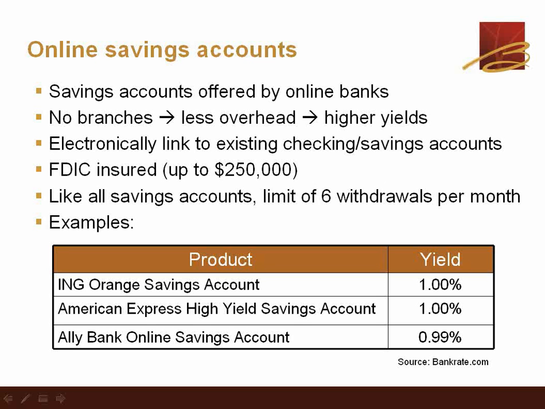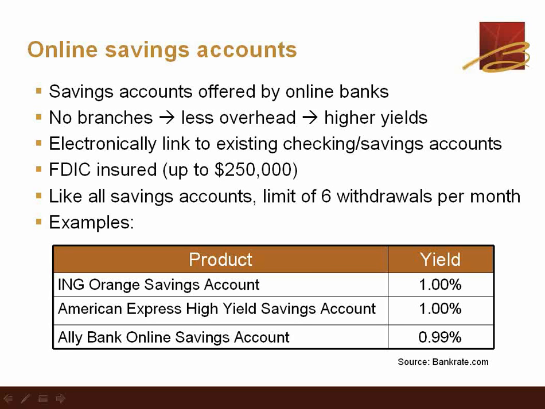But first, let's circle back to the online savings accounts that we're recommending for our clients' emergency reserves. As their name implies, these are savings accounts offered by online banks. These banks don't have branches, so they have less overhead, which means that they can afford to pay higher yields than traditional banks. These accounts electronically link to an existing checking, savings, or brokerage account, even one that's at a different institution.